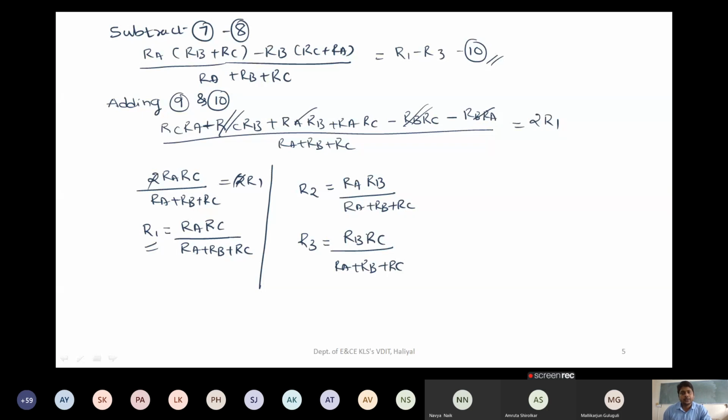So in the examination, you will not be having any values like RA, RB and RC. Instead of that, there will be arbitrary resistance values, or sometimes they may give the impedance values also, or the admittance values also. So if they give something like 1 by 2 ohms, impedance of that you have to take. If it is given as mho, so it is admittance, you have to take the impedance.